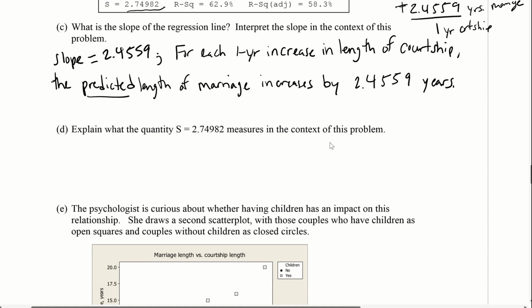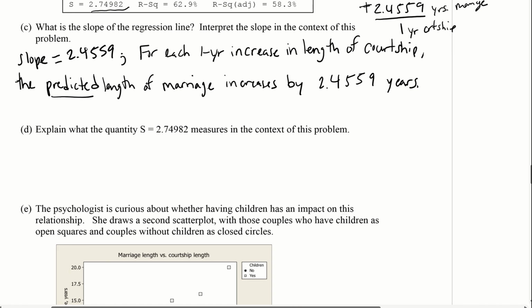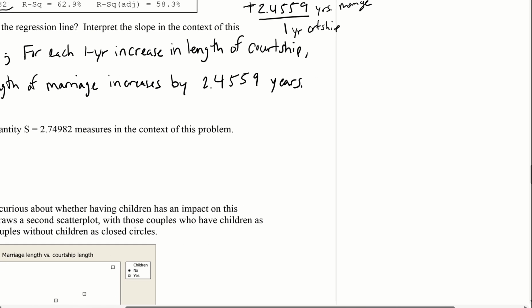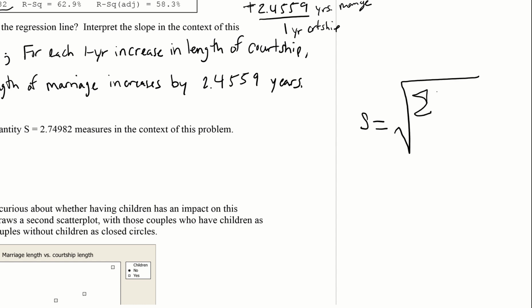Explain what this measures. What the standard deviation of residuals measures. Here's the formula for the standard deviation of residuals, by the way: the square root of the sum of the residuals squared divided by n minus 2.